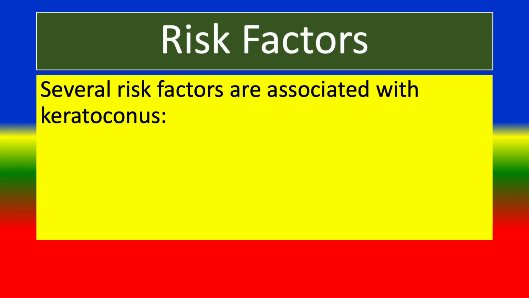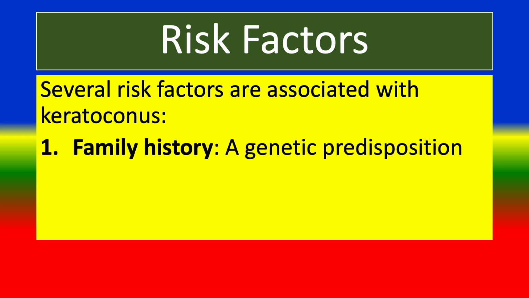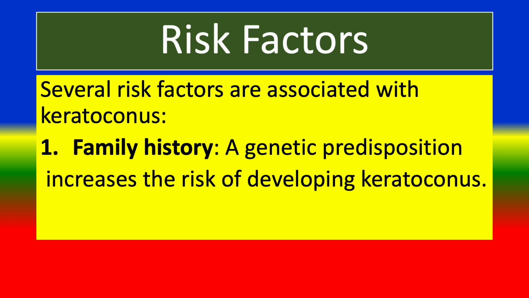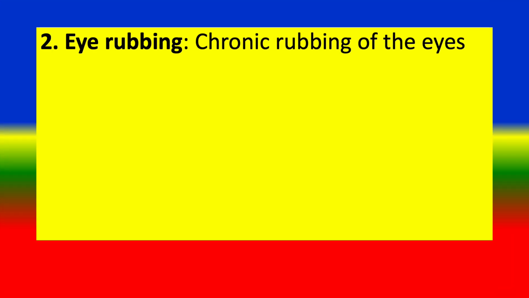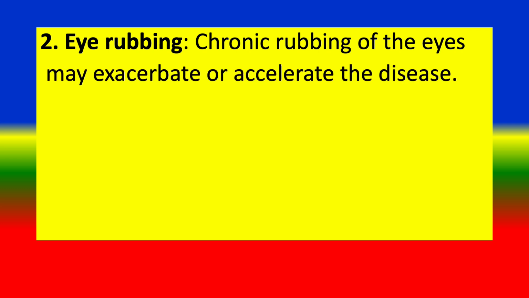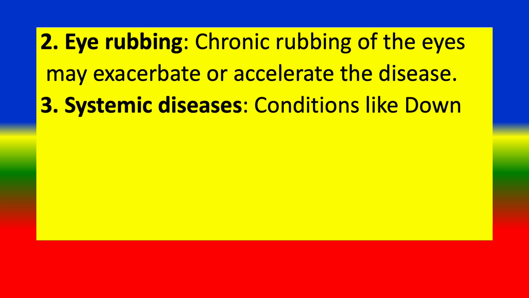Risk factors. Several risk factors are associated with keratoconus. 1. Family history. The genetic predisposition increases the risk of developing keratoconus. 2. Eye rubbing. Chronic rubbing of the eyes may exacerbate or accelerate the disease. 3. Systemic diseases.